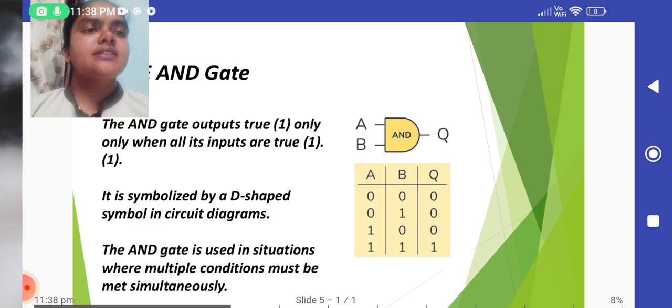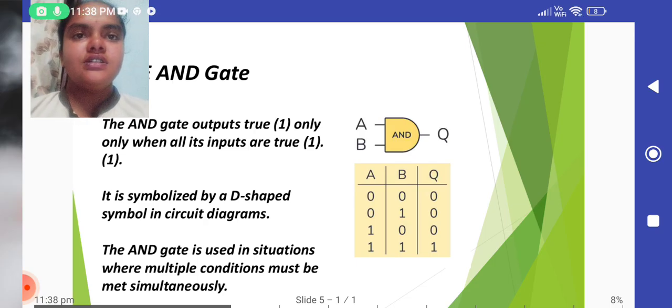The AND gate is represented as a D-shaped gate and it is used where multiple conditions must be met simultaneously.